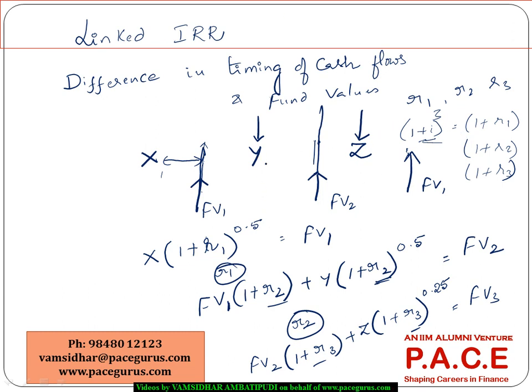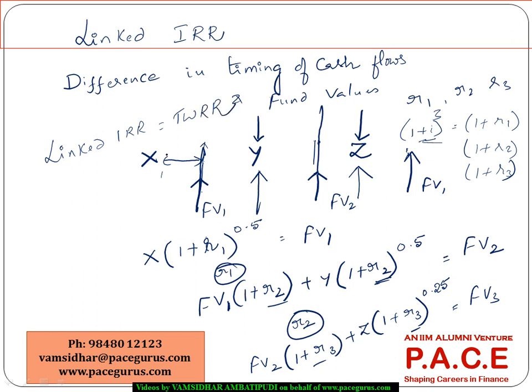Obviously, when these two are the same, the timing of the cash flow as well as the day on which the fund value is determined, then I can very well say that my linked IRR is nothing but the time weighted rate of return.